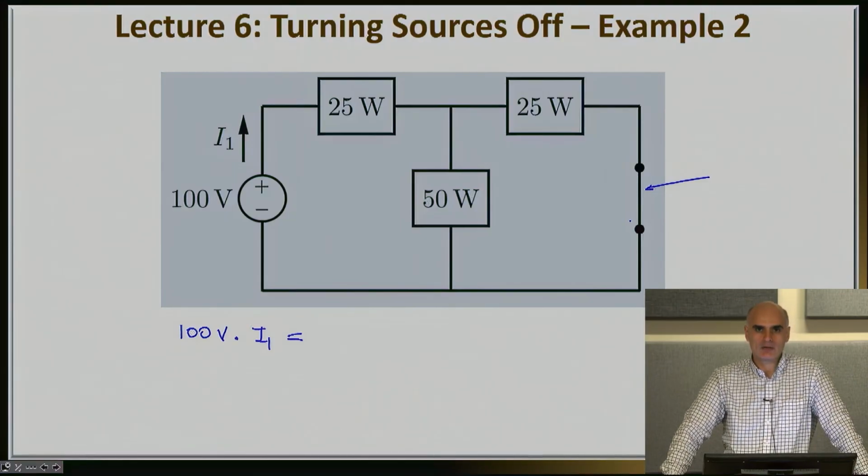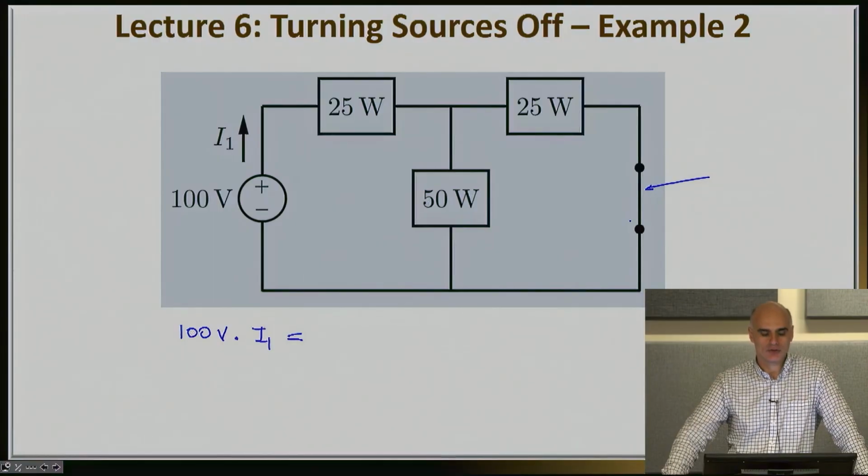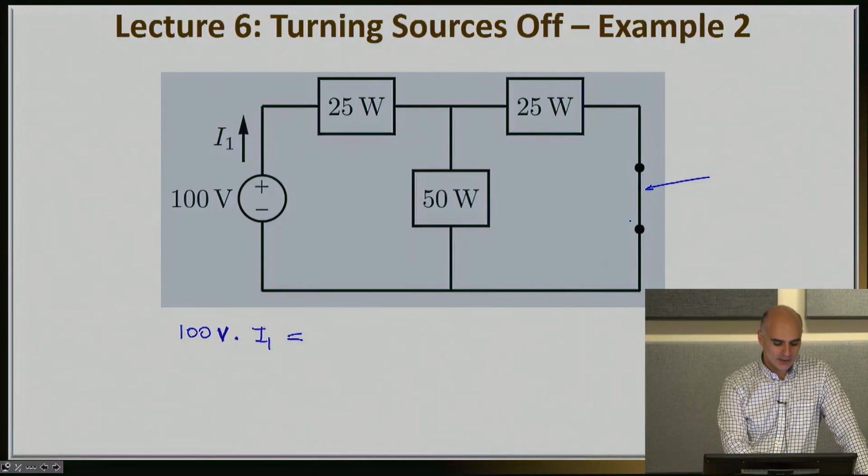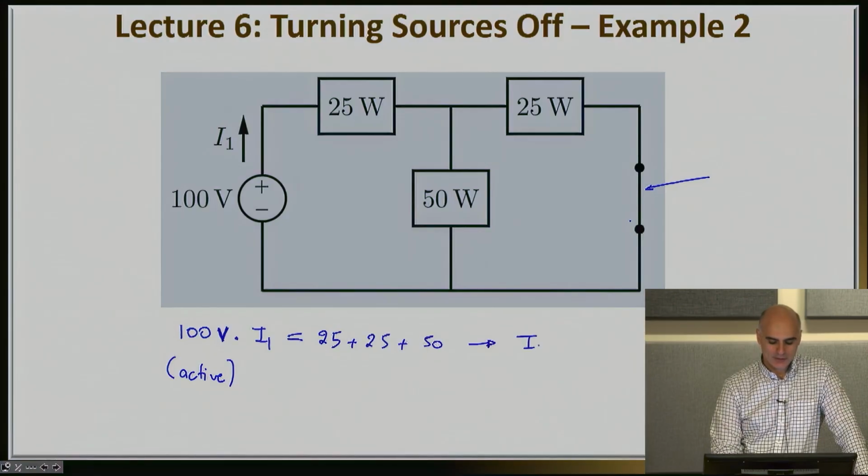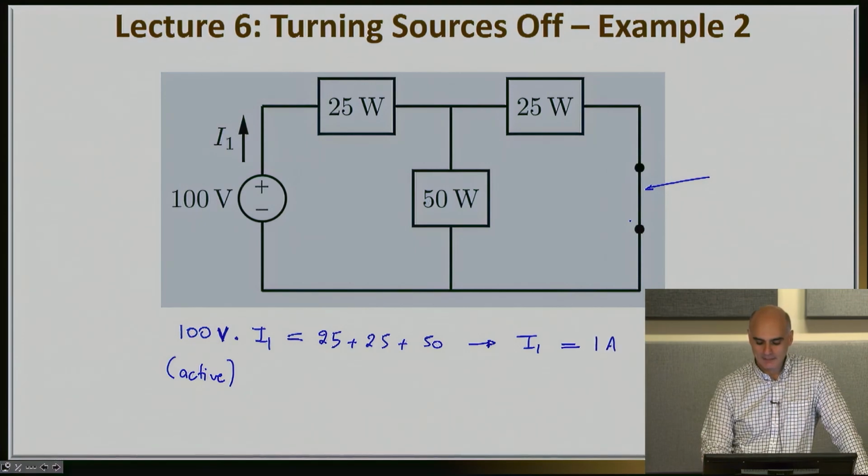The total amount of power supplied by the source, which is 100 volts times I1, notice that this is written as it should be in the active sign convention, must be equal to 25 plus 25 plus 50. Which of course means that my current I1 will basically be equal to 1 amp.